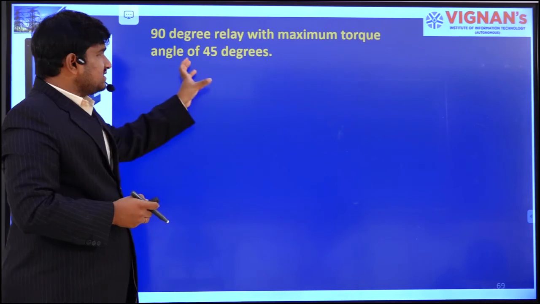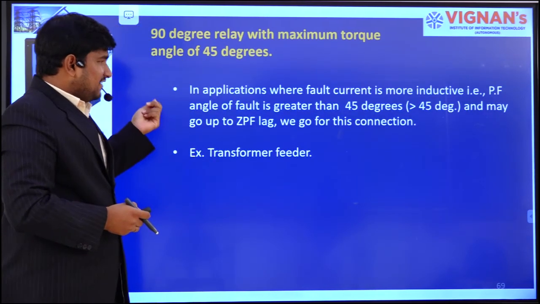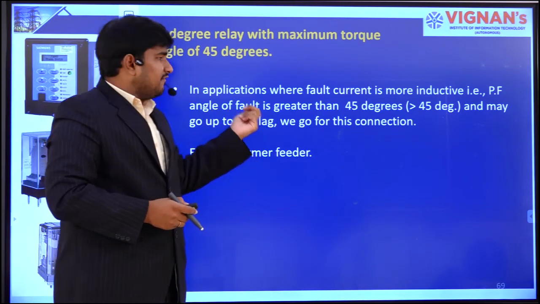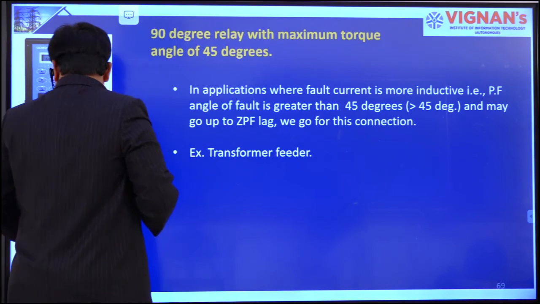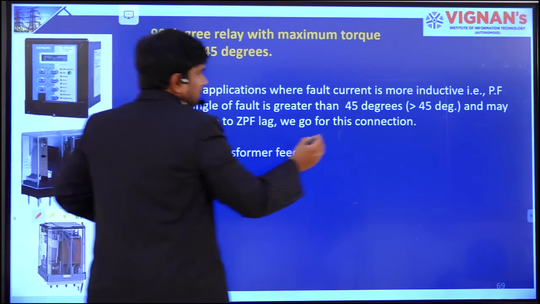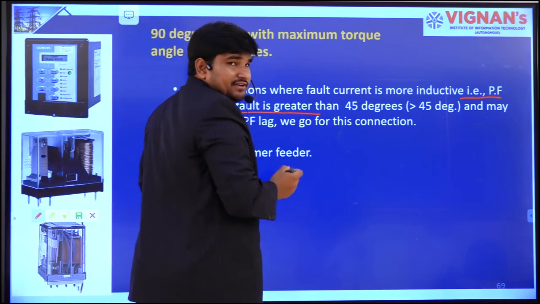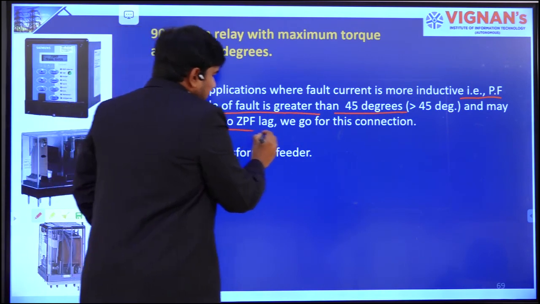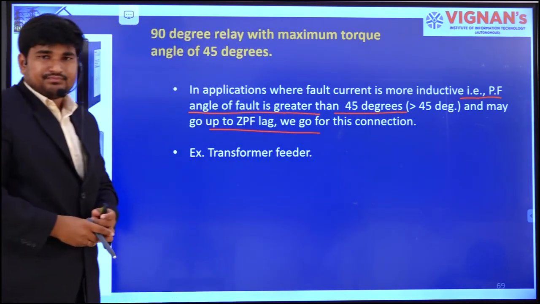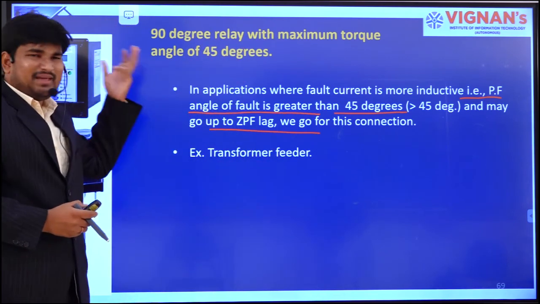This 90 degrees relay connection with a torque angle of 45 degrees will be applicable where the fault current is more inductive. Where the fault current is more inductive, that means the power factor angle of the fault is greater than 45 degrees and may be up to zero power factor lagging. So this second connection will be used.